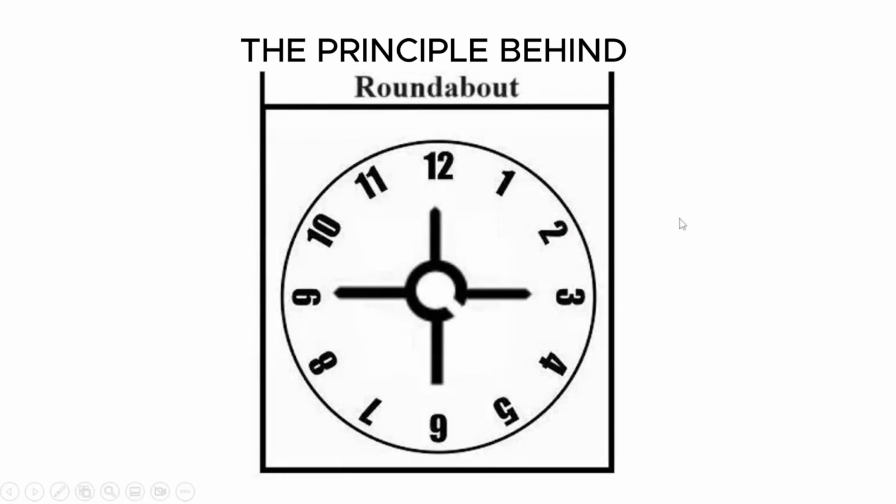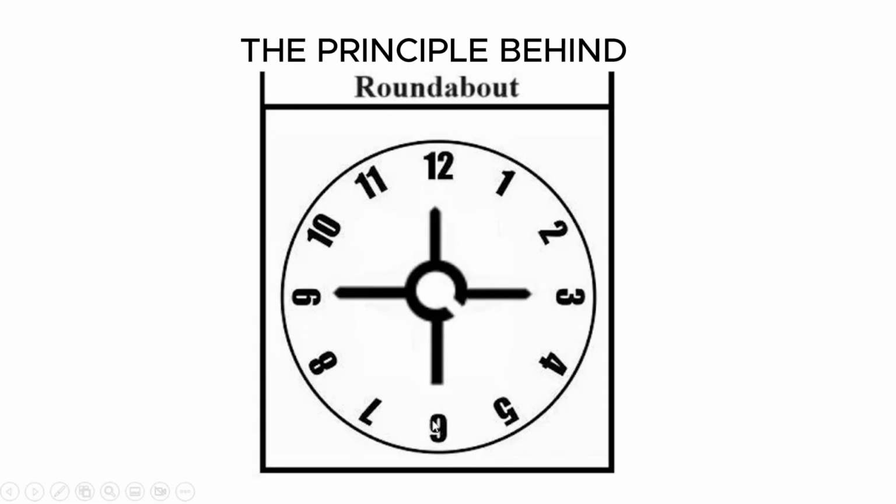All right, so see roundabouts with the principle of using a clock. You can see that on this clock, you now assume a roundabout to be a clock. This is your entry point.